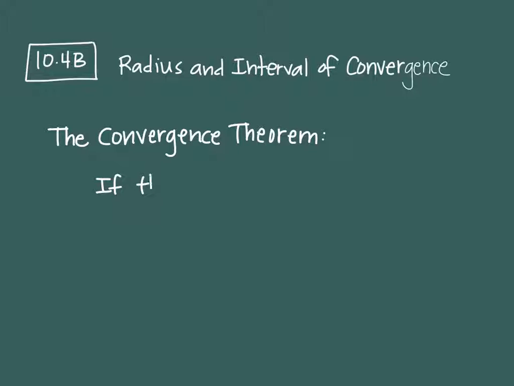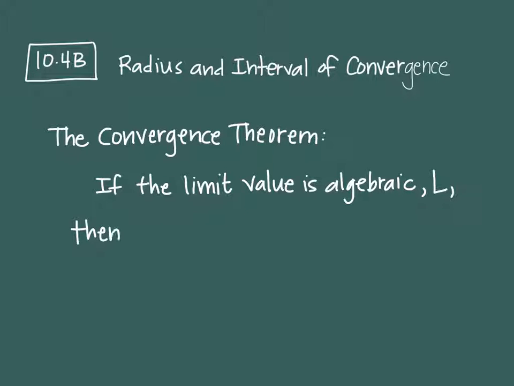All right. If the limit value is algebraic, so it's got some kind of x in it still, we'll call it L, even though it is algebraic. Then what must still be true about L, even if it is algebraic, in order to guarantee convergence?